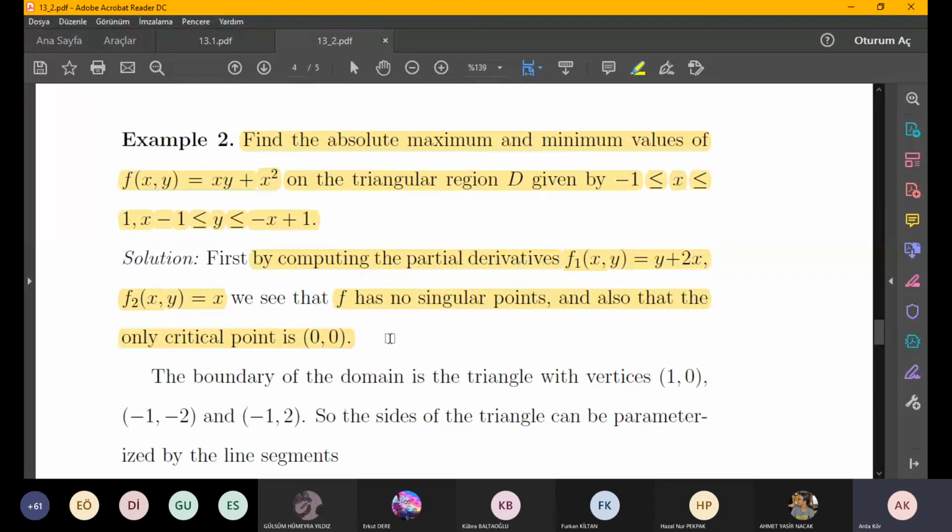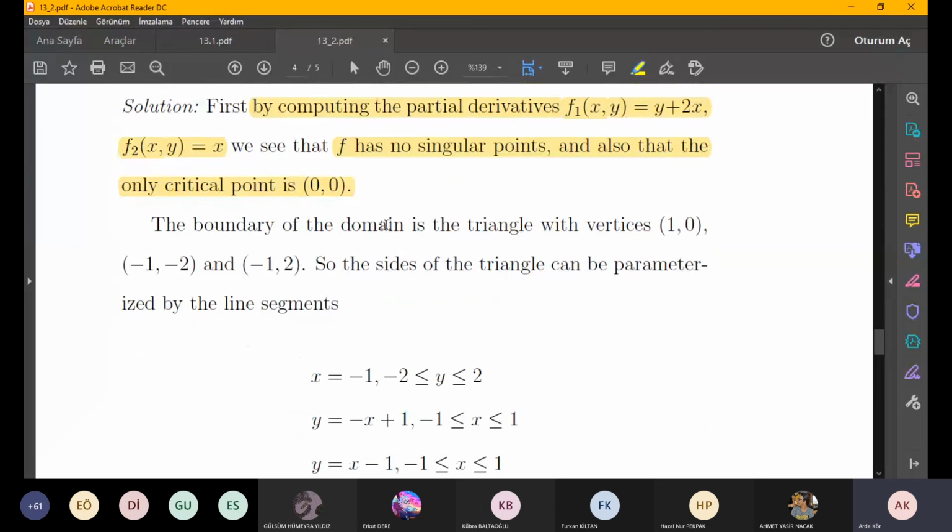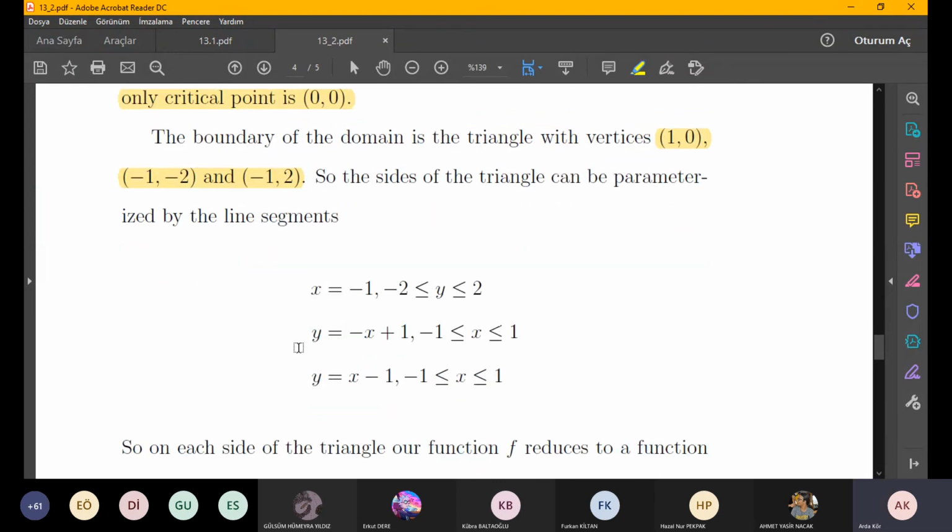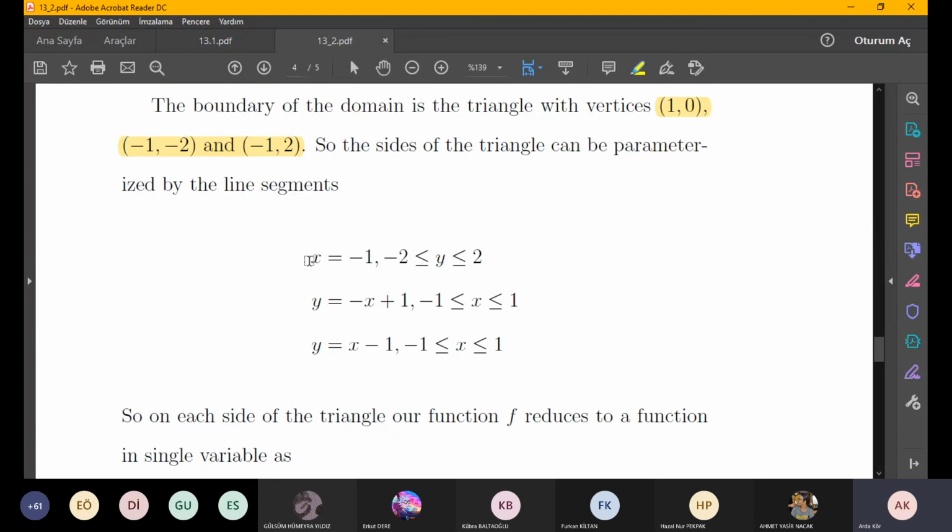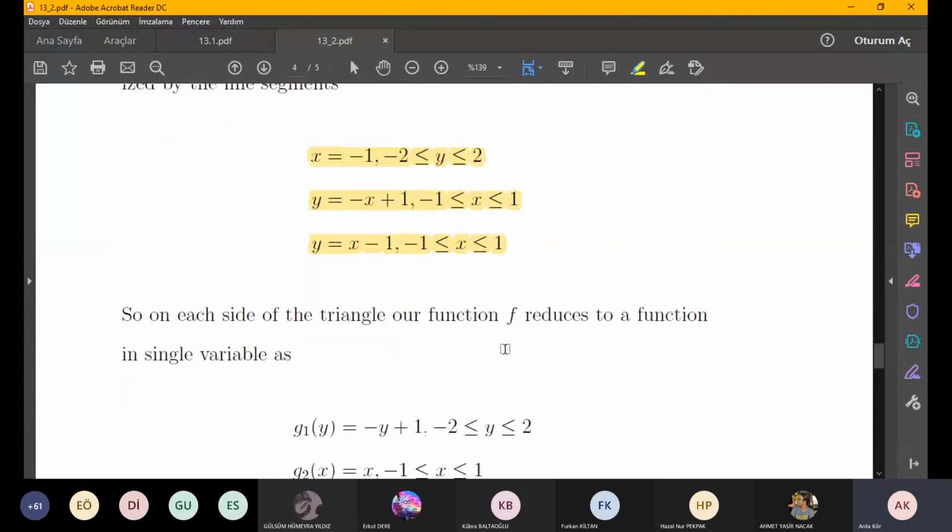Then after that, we will find the boundary of that triangular region, and again parameterize it in a single variable.